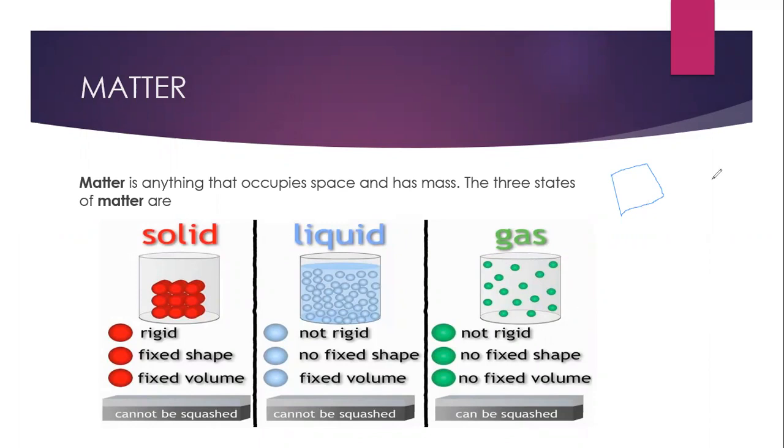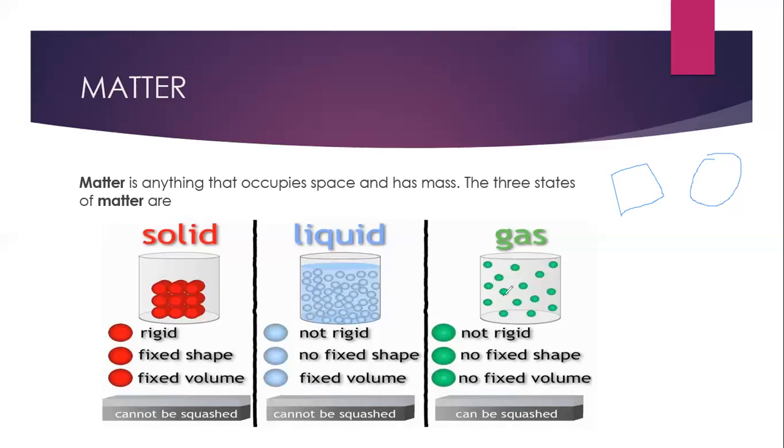If I take a container which has a circular shape, and I take 10 ml of water, water will occupy the shape of the container, that is circular. So they do not have a fixed shape, but they have a fixed volume.